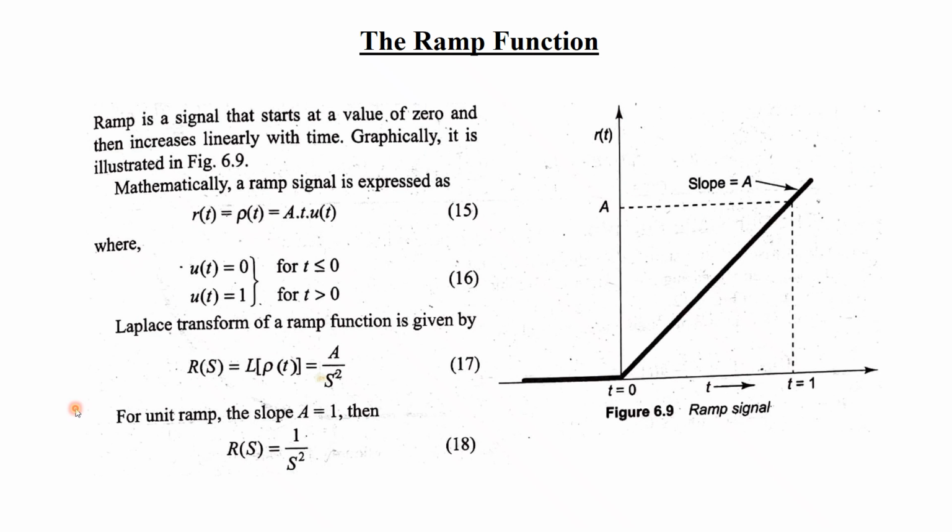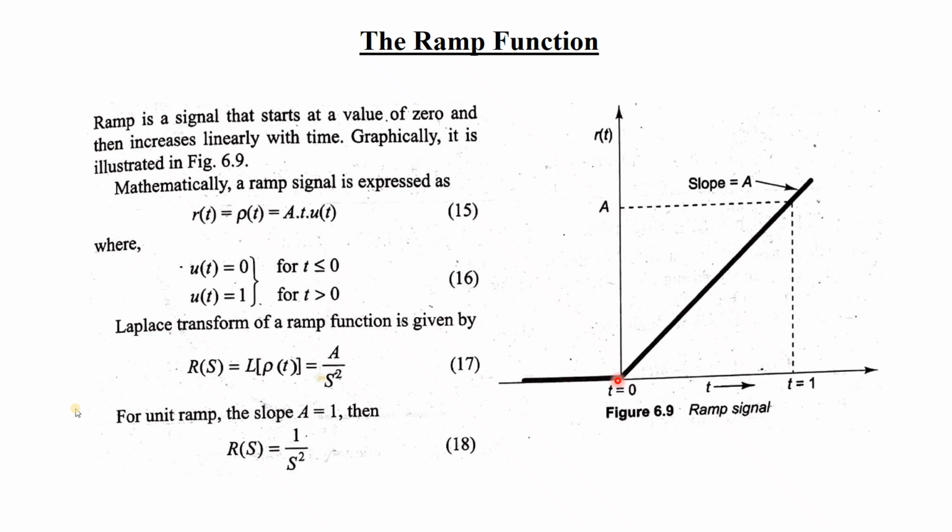Now we will be moving on to the ramp function. What is the ramp function? It looks like a ramp, a linear straight line. It is not perpendicular like an impulse, and it is not horizontal like a step. It is diagonal, and it is called the ramp function.